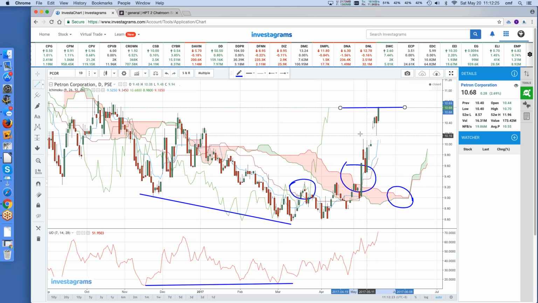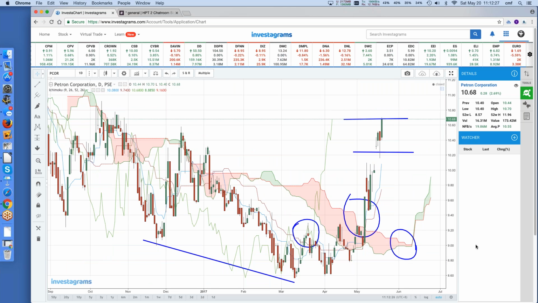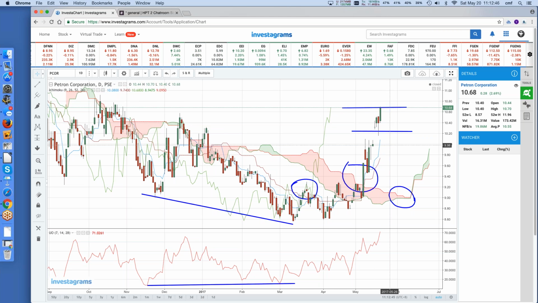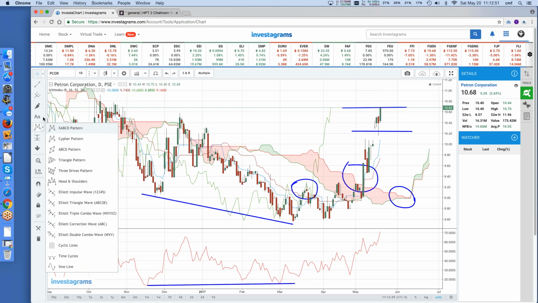I explained previously in Bukaka that there's a huge disequilibrium in this chart because price is so far away from the equilibrium lines, the Tenkan-sen and Kijun-sen, and I am expecting this to do a correction, whether in price or in time. A correction in price means that price will drop towards support.